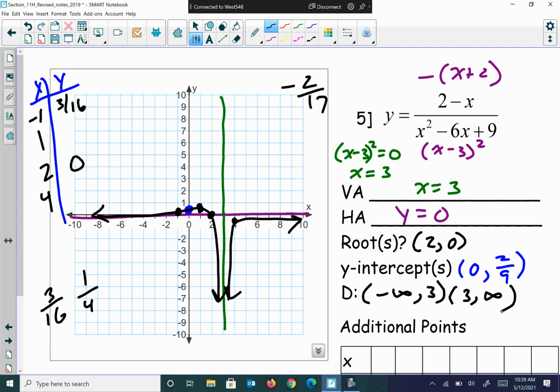I bet you at some point you could. Not in these though. That's just silly, just ugly, just crazy. You know, the range on this one, I would say it's -infinity to, I don't know, what's my high point? 3/16? 0. Is 0 at the highest point? 0, 2/9? Yeah, 0, 2/9. That's my highest point. Oh, and it's a square bracket.